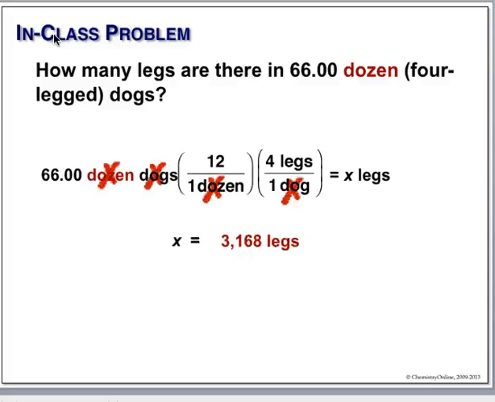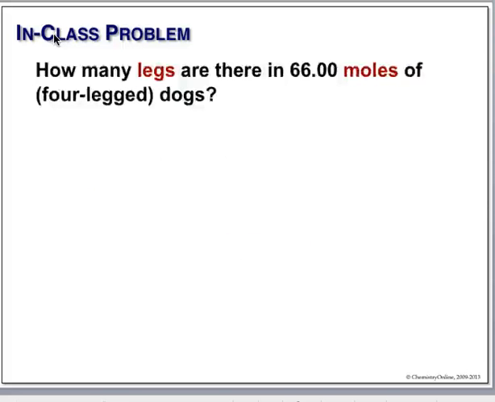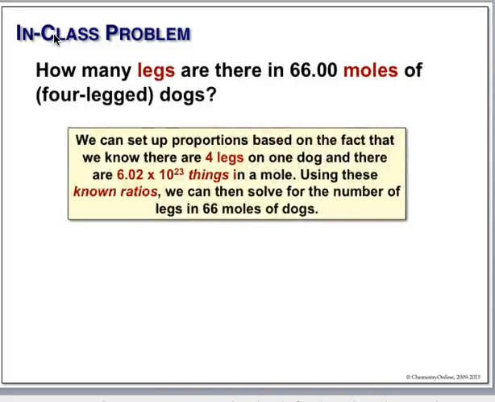All right, well, that's a silly problem, but let's change it just a little bit. Let's say, how many legs are there in 66 moles of 4-legged dogs? That was going to be the same problem, except instead of 12 things in a dozen, we're going to say there are 6.02 times 10 to the 23rd things in a mole. Just a different ratio, but the same concept.